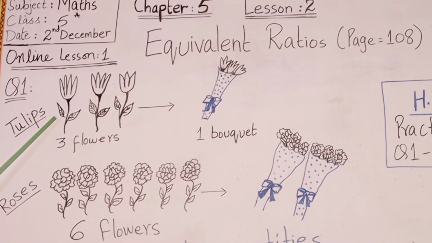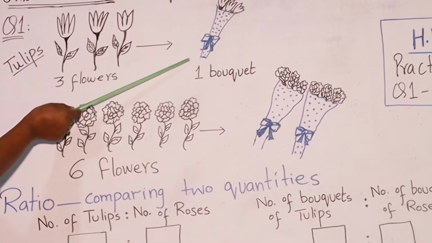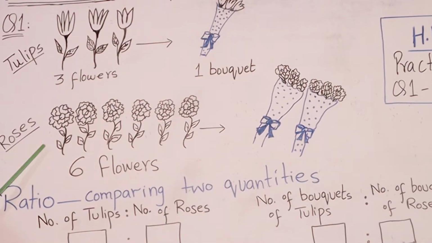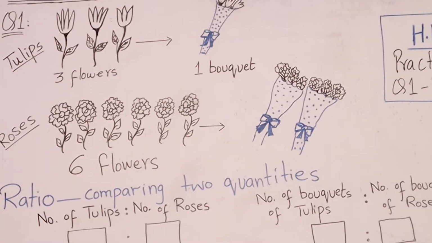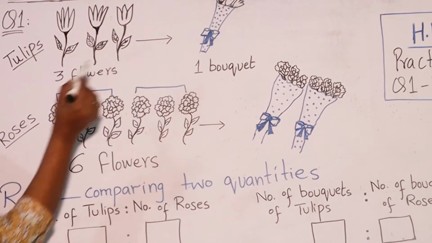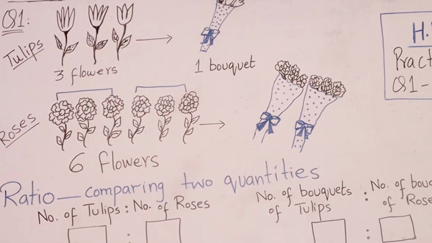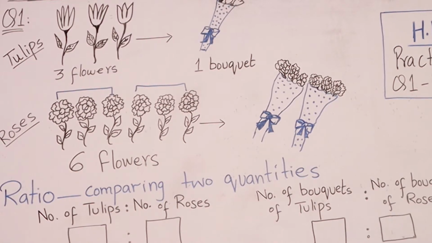So by using tulips we can make 1 bouquet, and by using roses we can make 2 bouquets, 3 in one and the other 3 in the second bouquet.